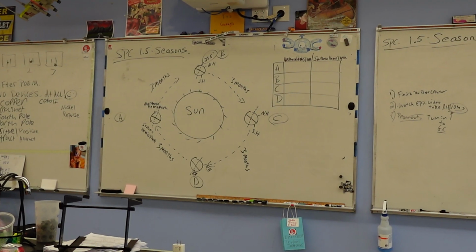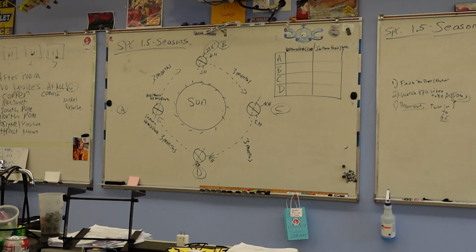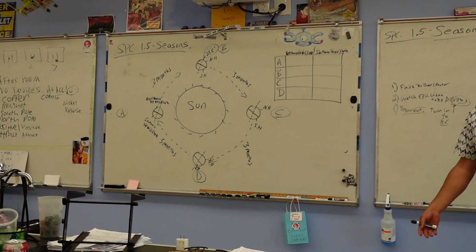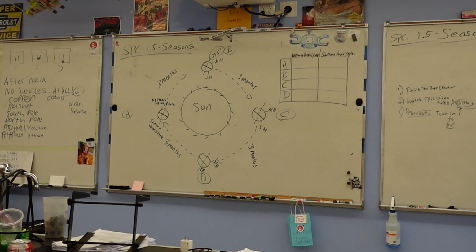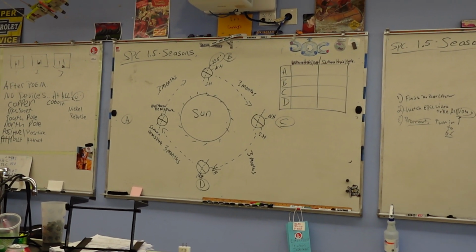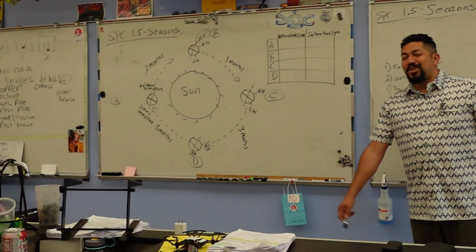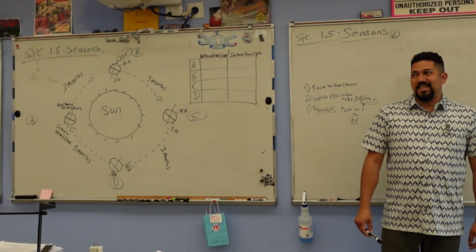And so what we've done is we made a table to track what season it is for the northern hemisphere and what season it is for the southern hemisphere, depending on the Earth's position around the sun.